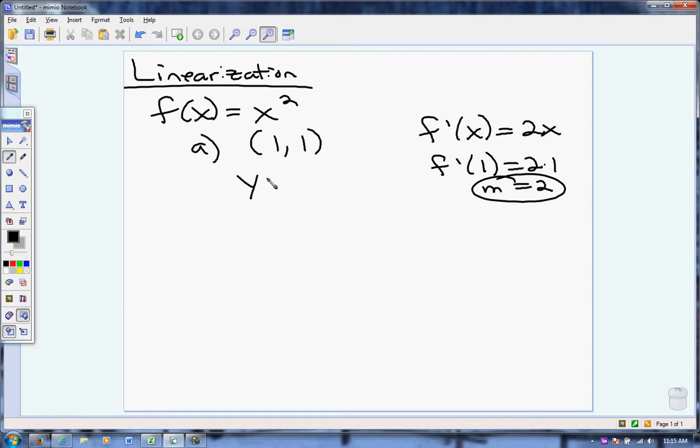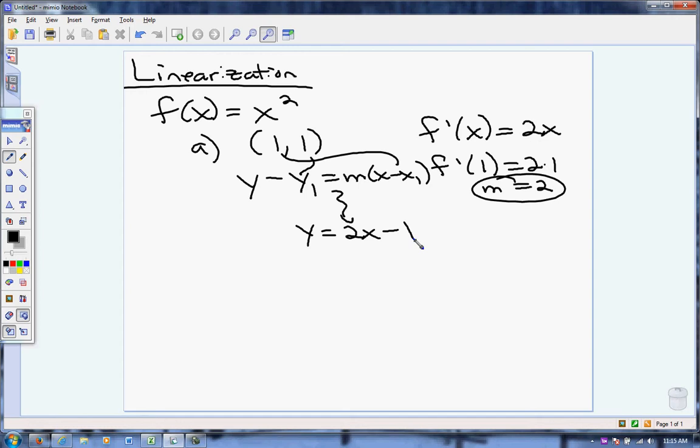Wouldn't I need to use our old friend, the point-slope equation? I'm not going to go through all of that because you know what to do. I would plug in the point (1, 1), this in for x, this in for y, and so on. But what you get is y equals 2x minus 1.